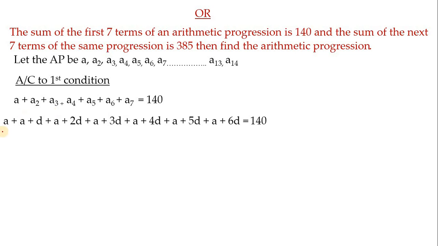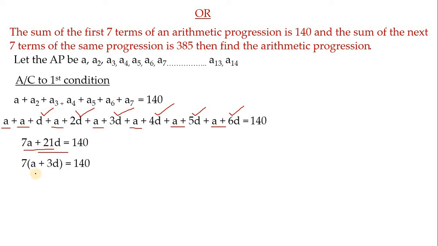Now let us simplify this. How many times is A here? 1, 2, 3, 4, 5, 6, 7 times. And D: 1D plus 2D is 3D, 3D plus 3D is 6D, 10D, 15D, 21D. So we get 7A plus 21D. And here we can take 7 as a common factor.